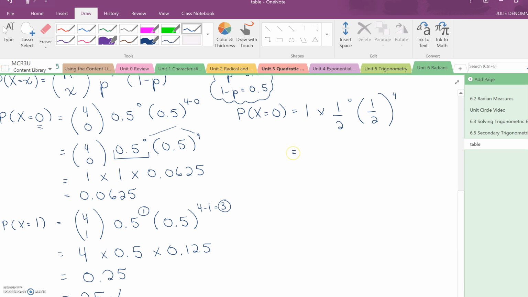So if you keep these as fractions, you get 1 times, again, anything to the power of 0 is still 1. When you do fractions with exponents, you have to distribute the exponent to each. So 1 to the power of 4 is 1, 2 to the power of 4 is 16. And when you multiply fractions, you multiply the tops, and then you multiply the bottoms, so you can get a fractional answer as well.